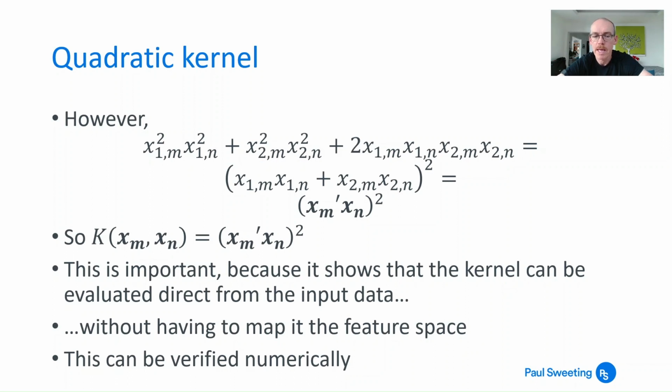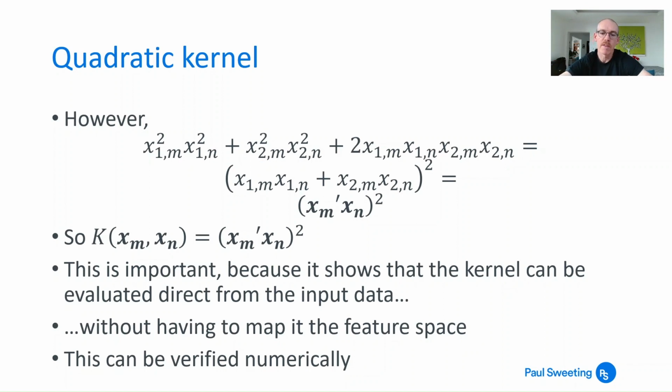So that kernel k(xm, xn) is actually equal to (xm transpose xn) all squared. Now this is important because it shows that you can evaluate the kernel directly from the input data without having to do that phi mapping first.